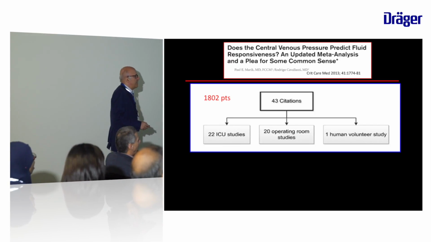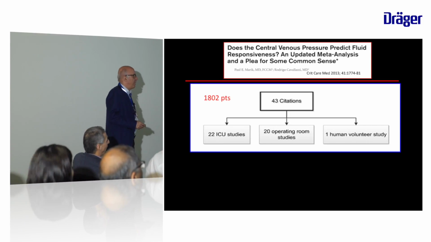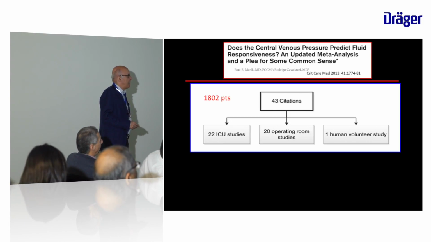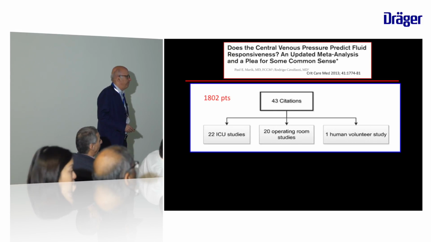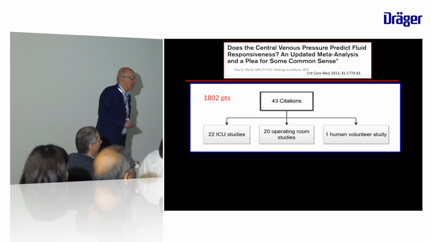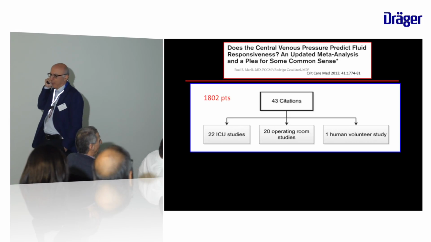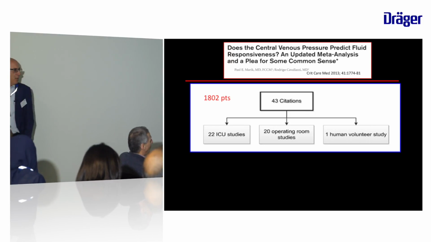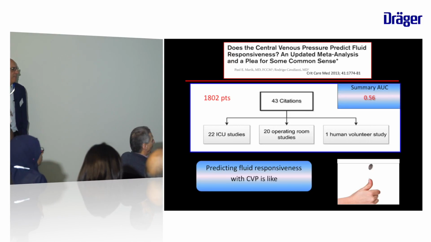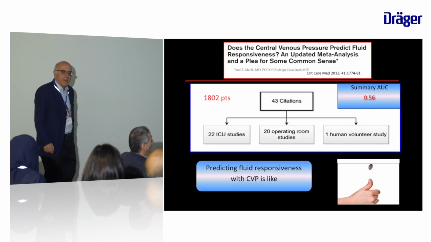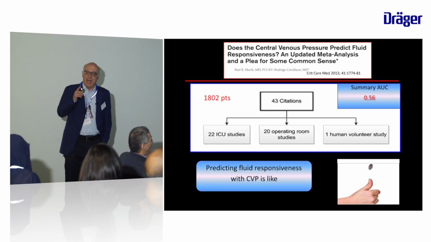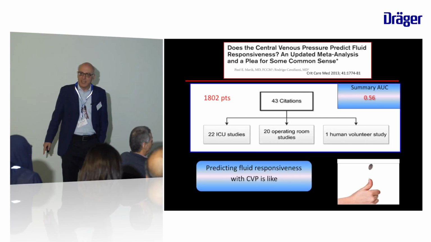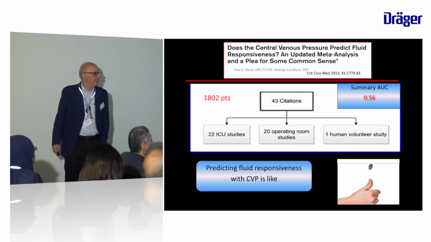So does the central venous pressure, for example, predict fluid responsiveness? This is a recent meta-analysis on 1,800 patients. And they found that the prediction curve, the AUC, was around 50, which means that predicting fluid responsiveness by using one value of central venous pressure is like flipping a coin.